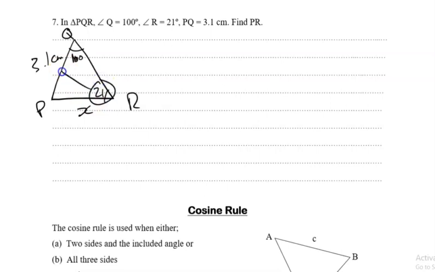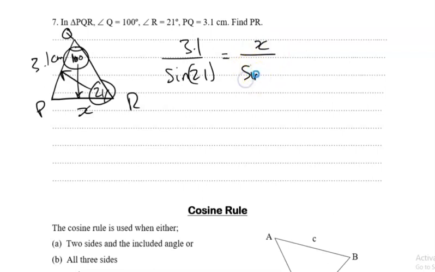Now this angle and this side are paired up. This angle and this side are paired up. That's going to give us 3.1 over sine 21 equals x over sine 100. So you cross multiply, or you could just simply take sine 100 to the other side.